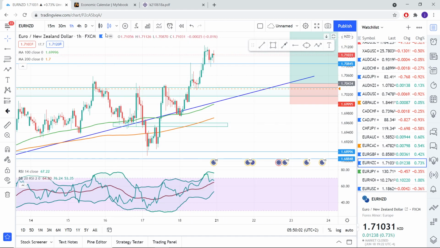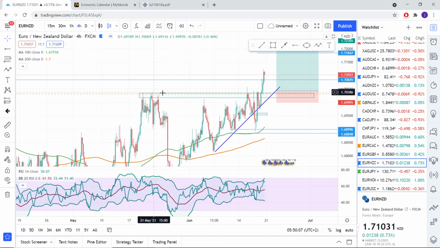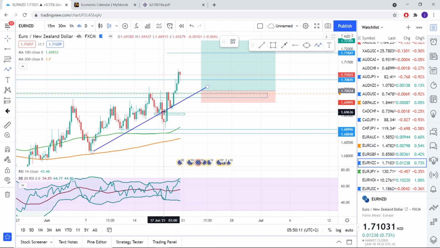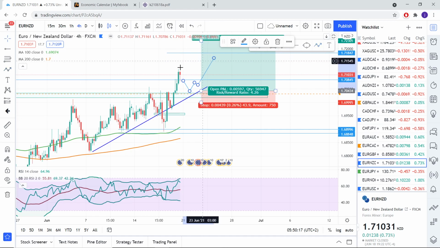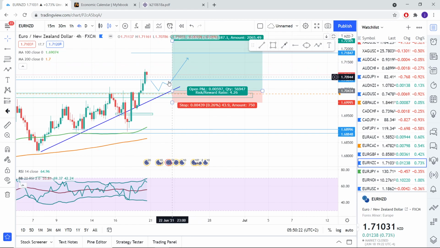Euro NZD, this is something I was looking forward to as well. Price pushed past this area of resistance, so what we'll be looking for right now is a pullback into that zone, and then a continuation moving back upwards with that Euro bullishness a little bit more bullish than the NZD itself.